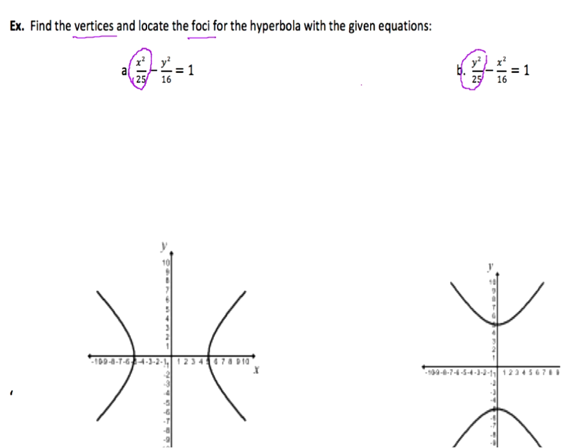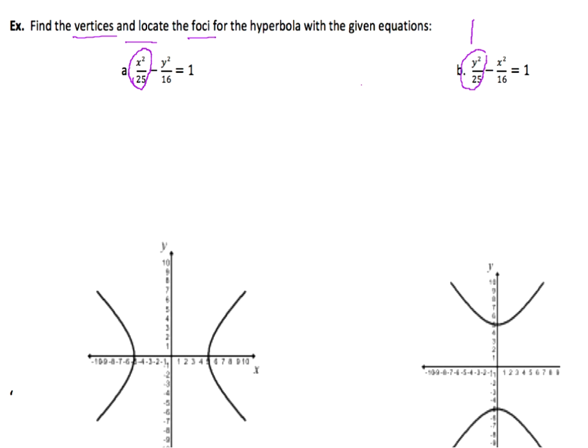So you can already see that with A, I'm going to have a transverse axis that's horizontal. With B, I'm going to have a transverse axis that's vertical, and these are the pictures below of the graphs of these particular hyperbola. So we're not asked to graph them in this one. That comes up in just a moment. We're just asked to find the vertices and the foci so that we can build up to understanding how to graph these things.